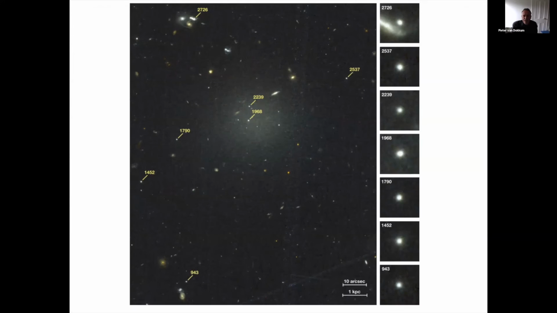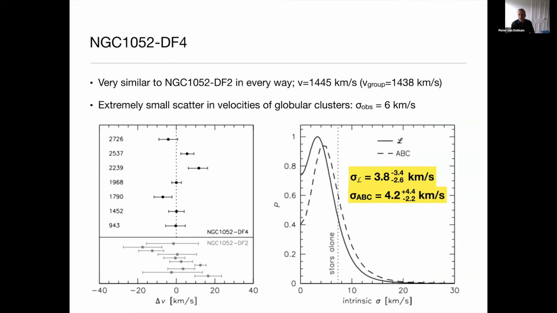And here are the globular clusters in this galaxy. They're more spread out than in DF2. That's why it wasn't very obvious until you actually measured the velocities of the globular clusters and found that they were all associated with this galaxy. Lo and behold, the dispersion of those globular clusters is only 4 kilometers per second. So the relative motions of the globular clusters, they're all essentially at the same velocity, 45 kilometers per second, which is also the group velocity.